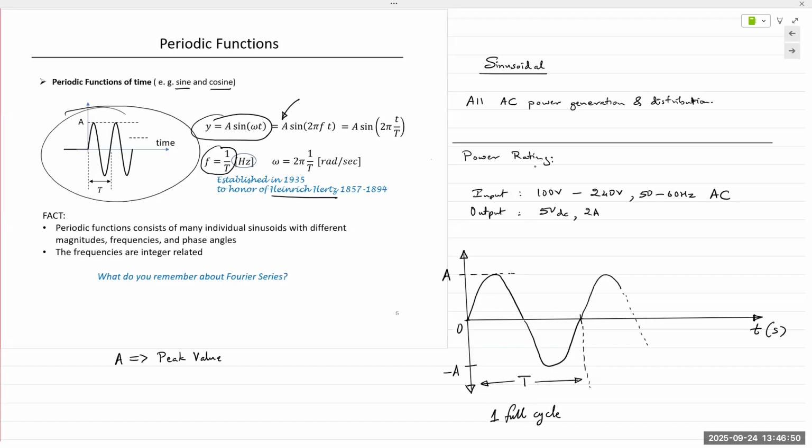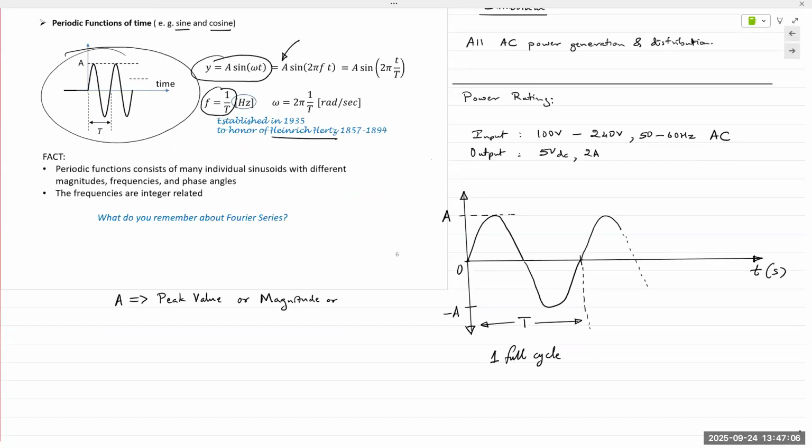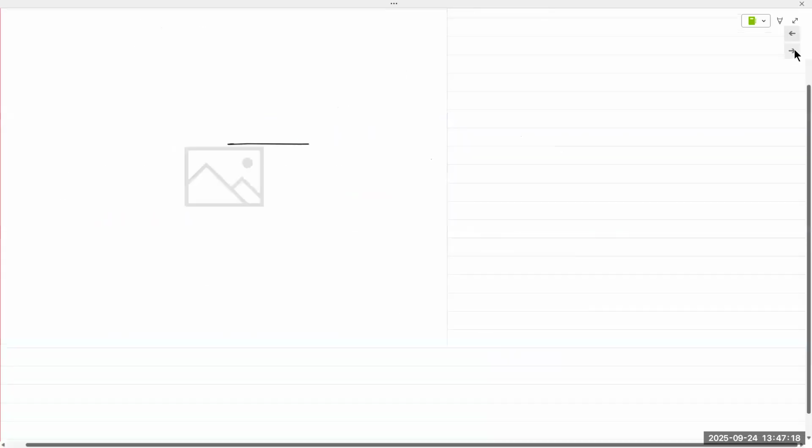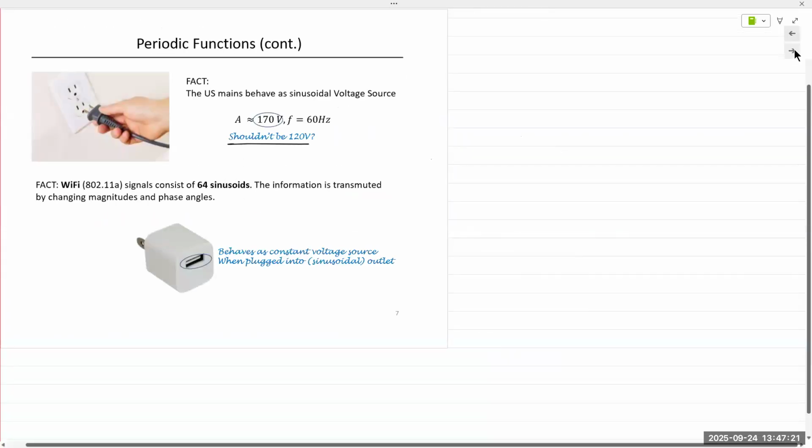This is also known as the magnitude or the amplitude of the waveform.